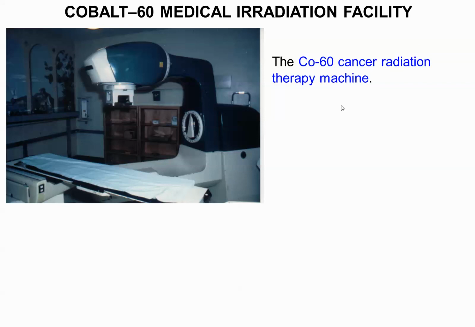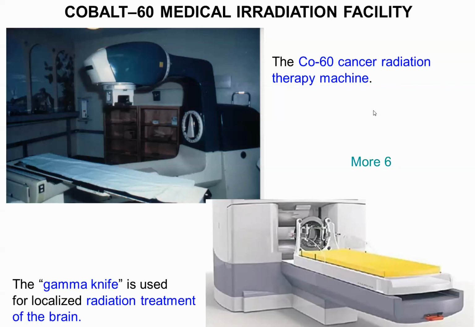The United States has some 12 cobalt-60 irradiation units per million people. Many countries have much lower numbers. Another application is the so-called gamma knife. It is used for localized radiation treatment of the brain. Treatment with surgical precision.